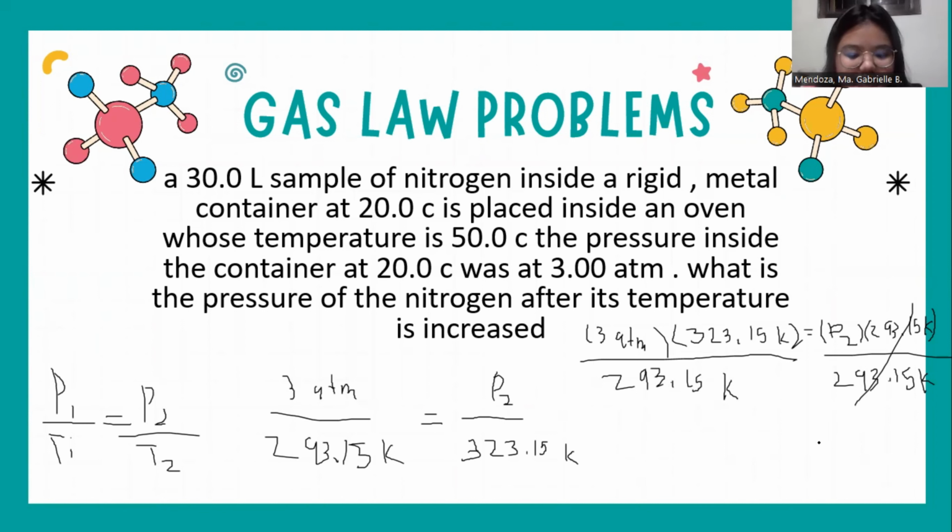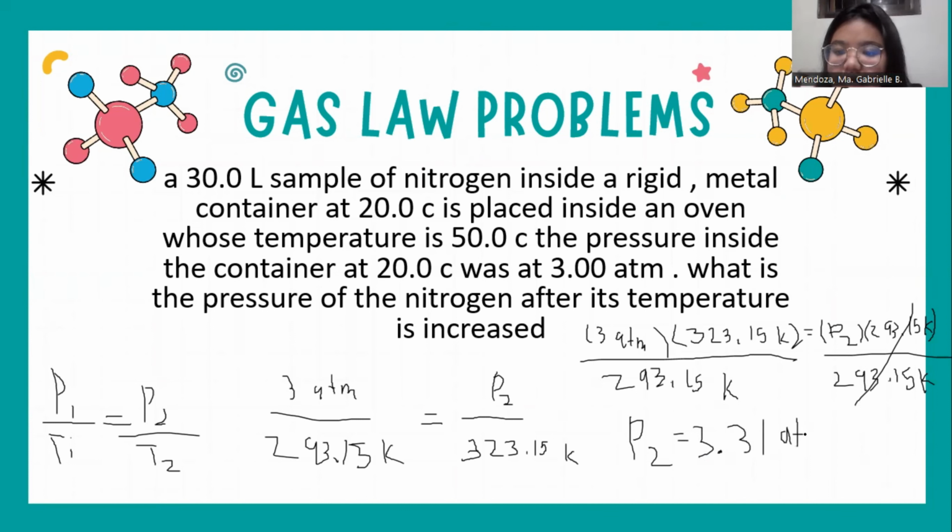So, 3 times 323.15 divided by 293.15. The answer is P2 equals 3.31 atm.